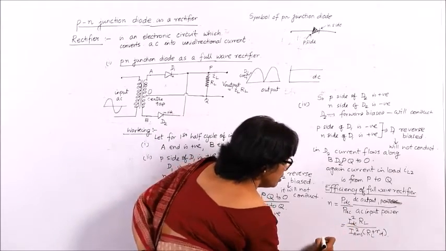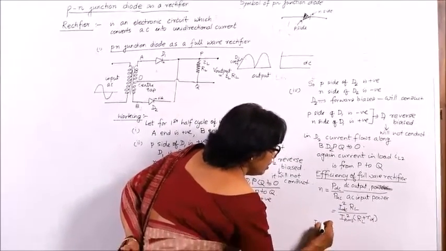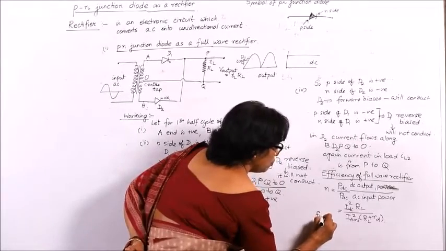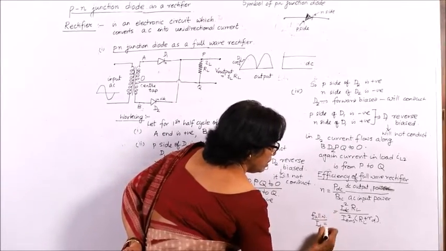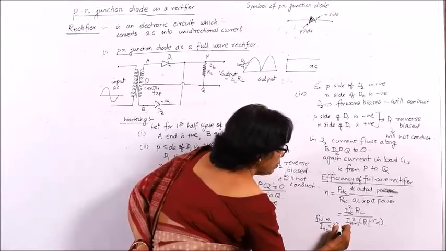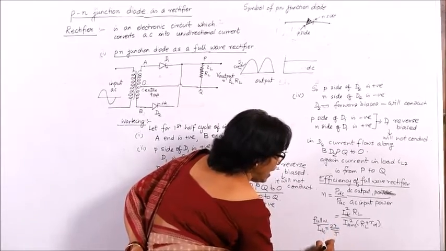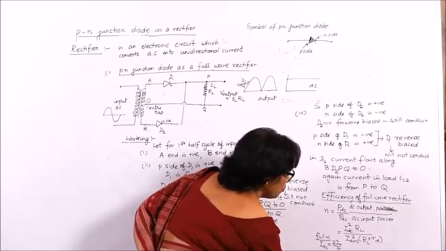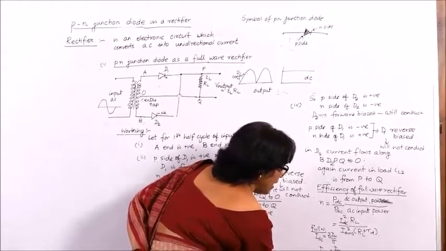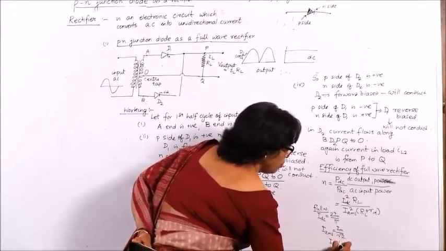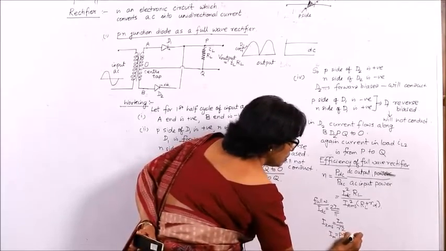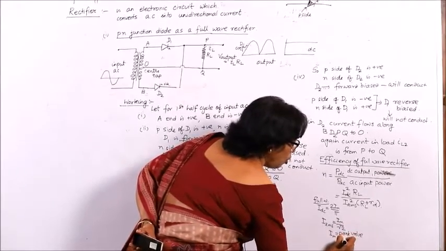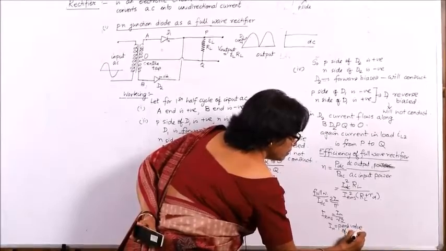Now, in this case, I DC for a full wave rectifier is 2 IM by pi and I RMS is IM by root 2. What is IM? It is the maximum value or peak value of the input AC.